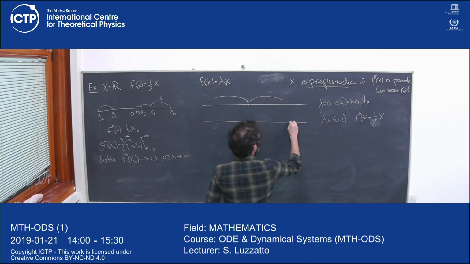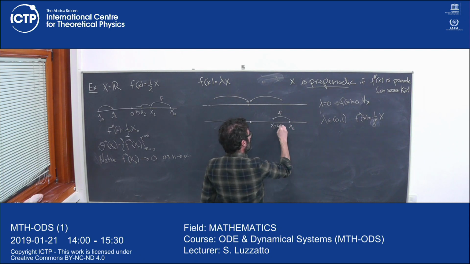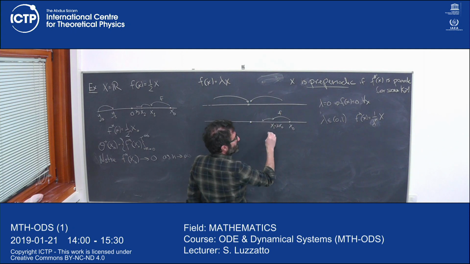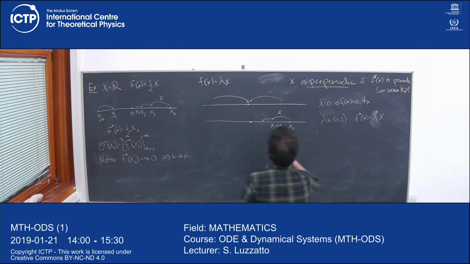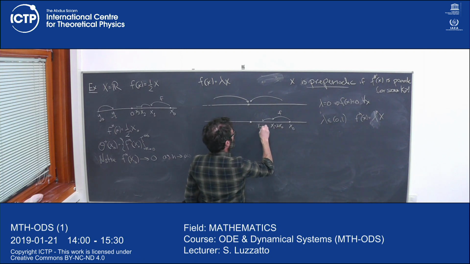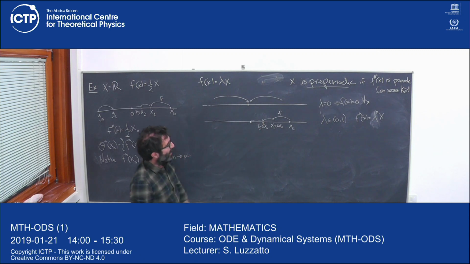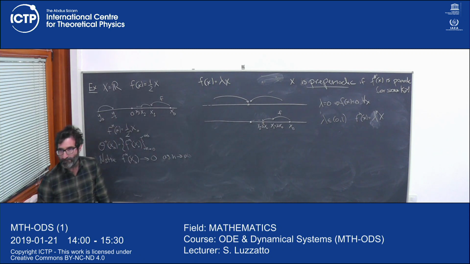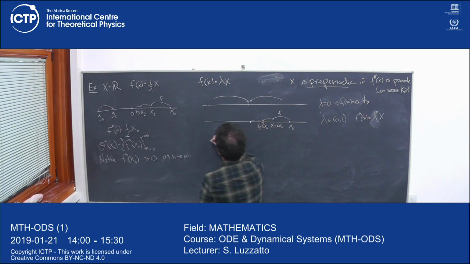So here you have x0, x1 equal to lambda x0, x2 equal to lambda squared x0, and so on. So everything still converges to 0. Okay? What if lambda equals 1?